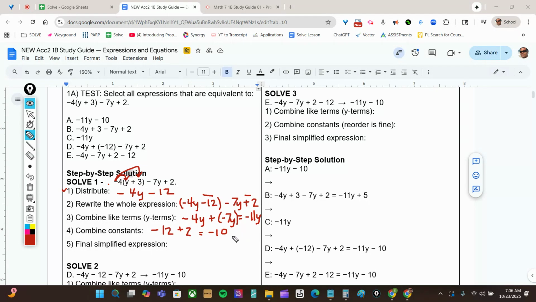And then we bring these together right here, and our final expression is negative 11y minus 10. So if we look at the options here, we can already see that A is correct. So A is correct.